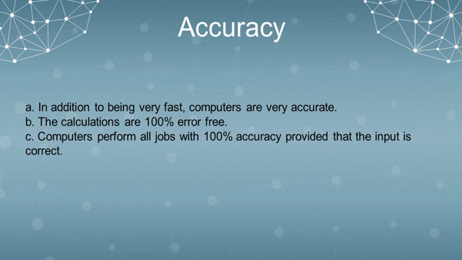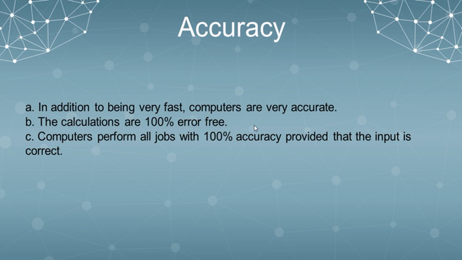Okay, next thing, accuracy. In addition to being very fast, as we know, computers are also very accurate. Whatever work we give the computer, it can do faster along with accuracy. The calculations are 100% error free.